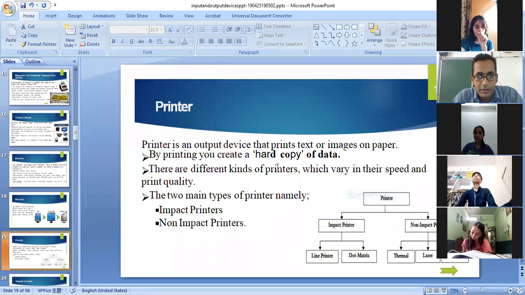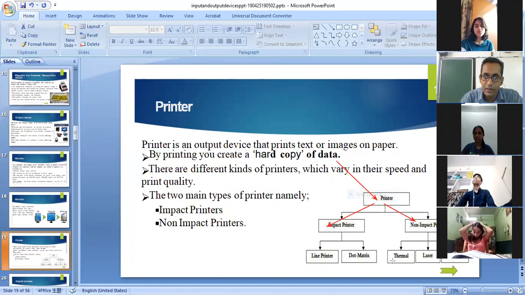The next output device is the printer, and there are different varieties of printer. Let us see the flow chart over here. There are two types of printers: impact printer and non-impact printer. An impact printer is a line printer and a dot matrix printer. We do not use these printers anymore. Very rarely you will see these printers.